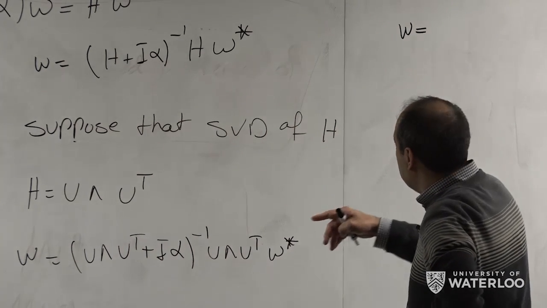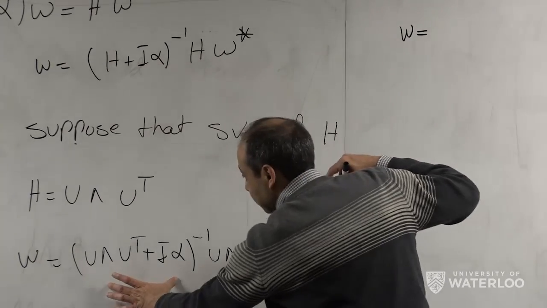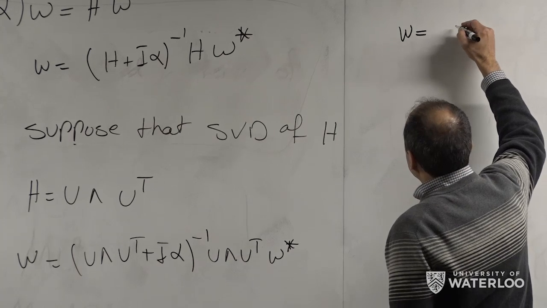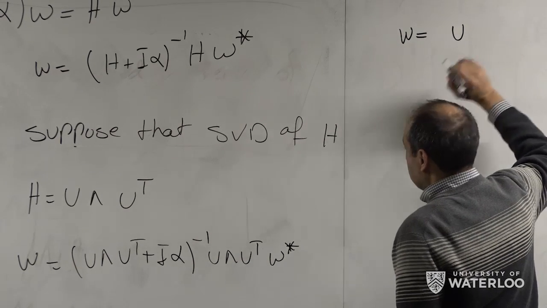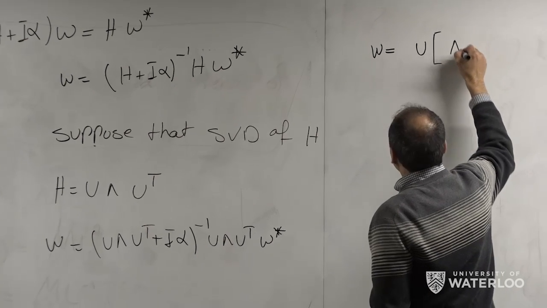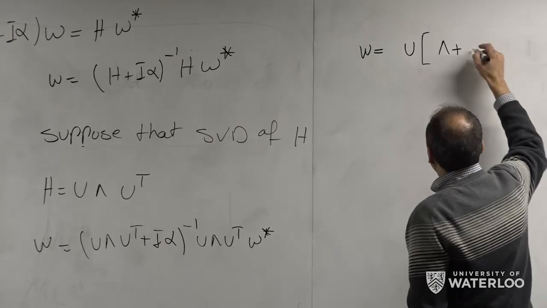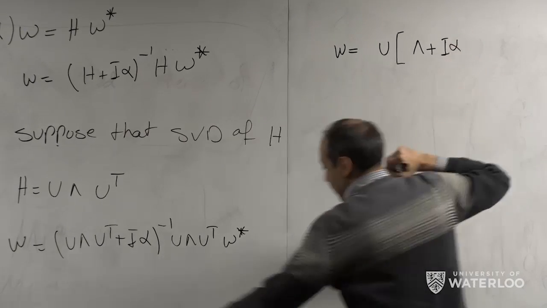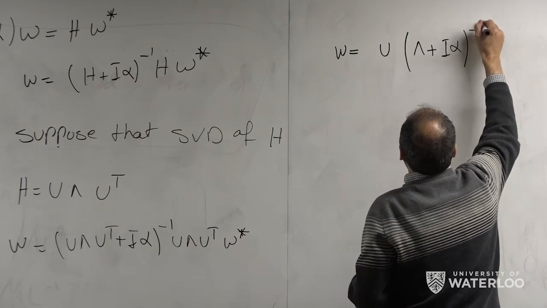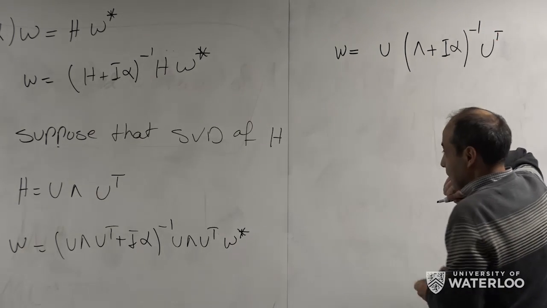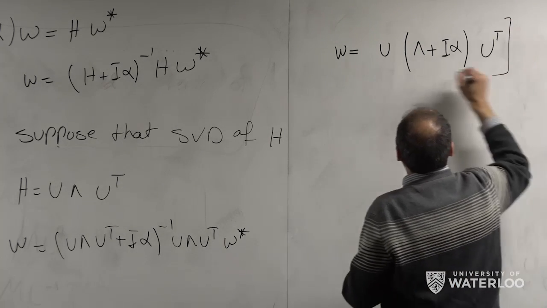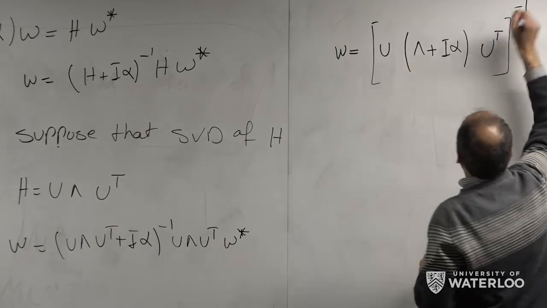So I can write this bracket in this form: U (lambda plus I alpha) inverse U transpose, inverse.